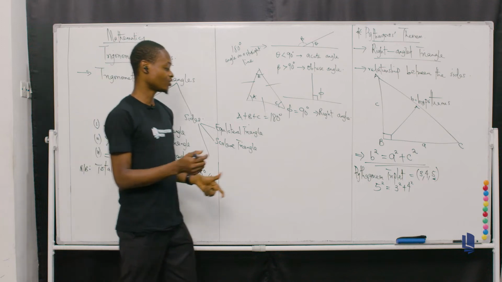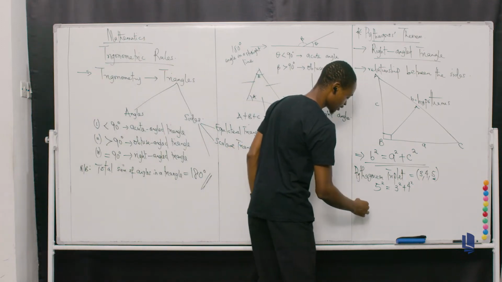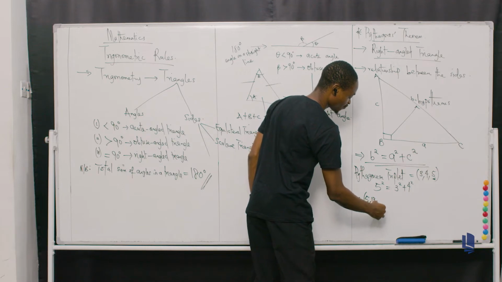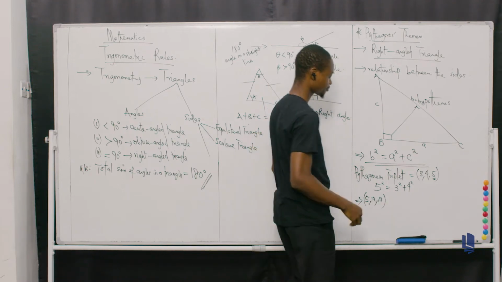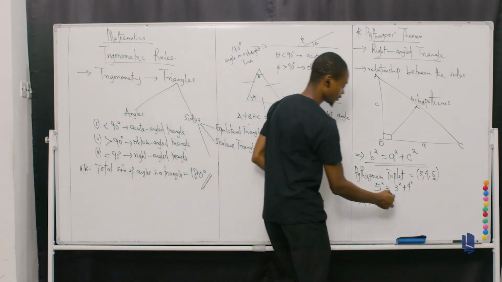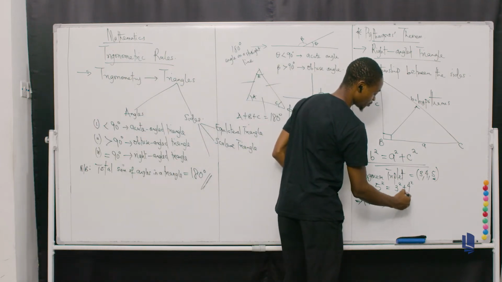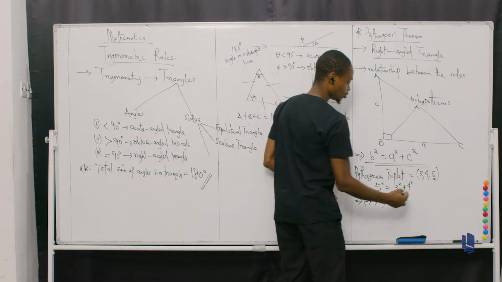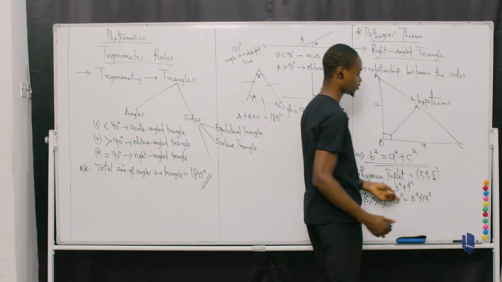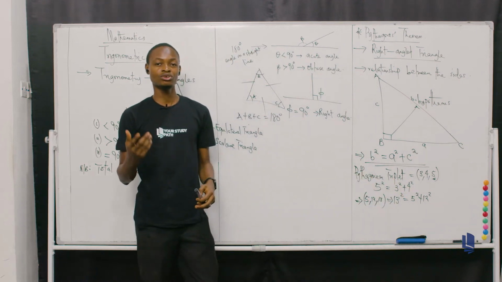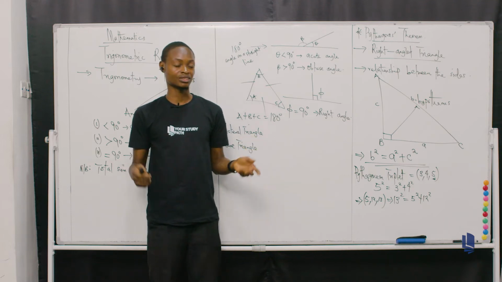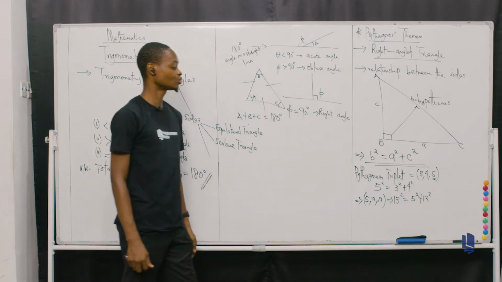Very, very important. Another good example is 5, 12, and 13. This is another Pythagorean triple. Here, 13 squared is 169, which is the same as 5 squared plus 12 squared, because 5 squared is 25, 12 squared is 144, and 25 plus 144 gives you 169, which is 13 squared.